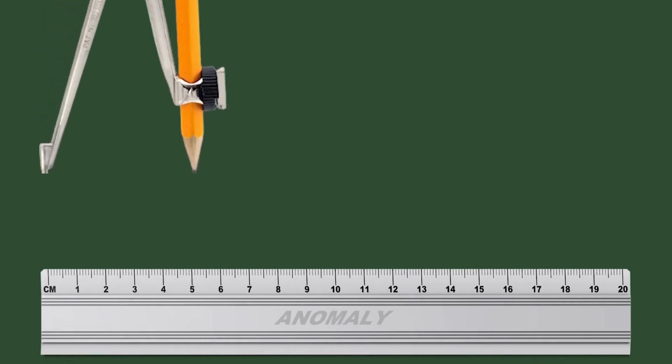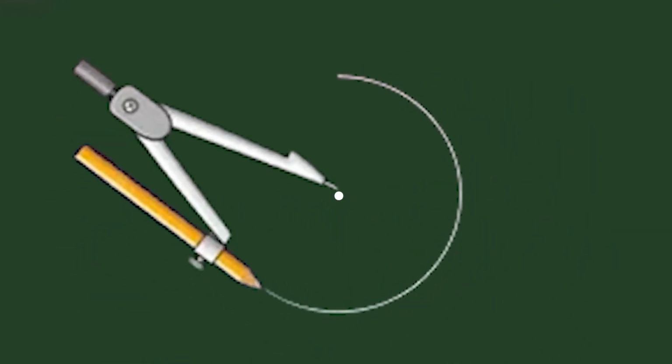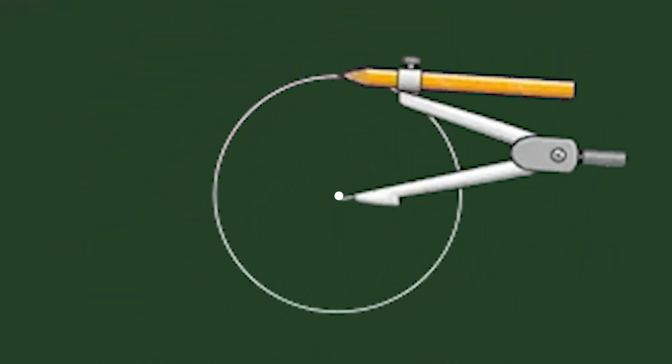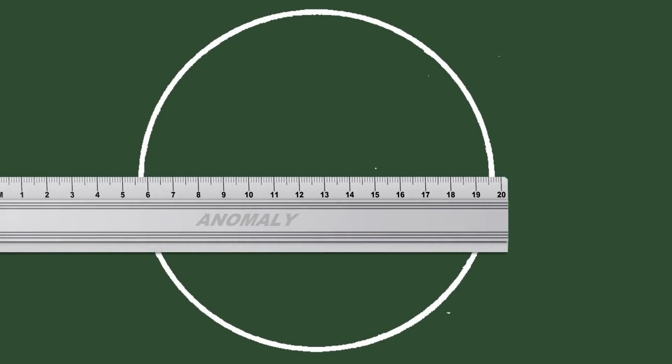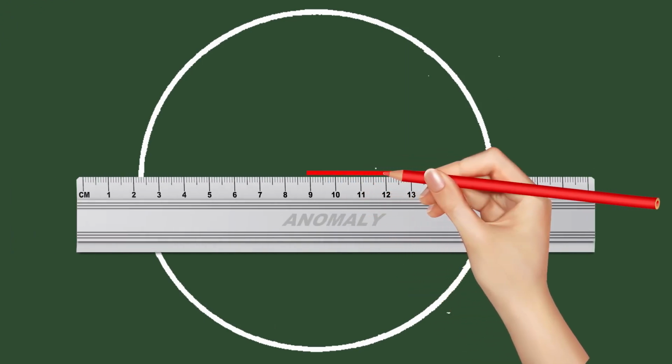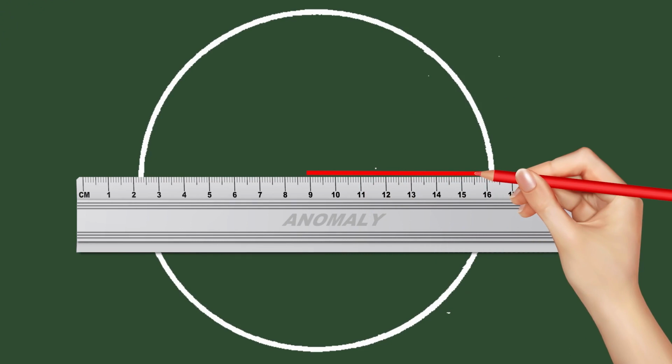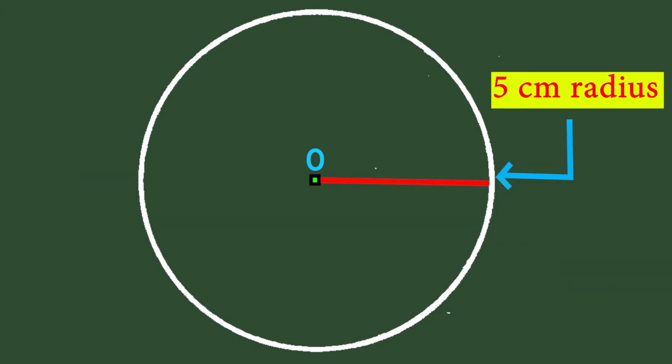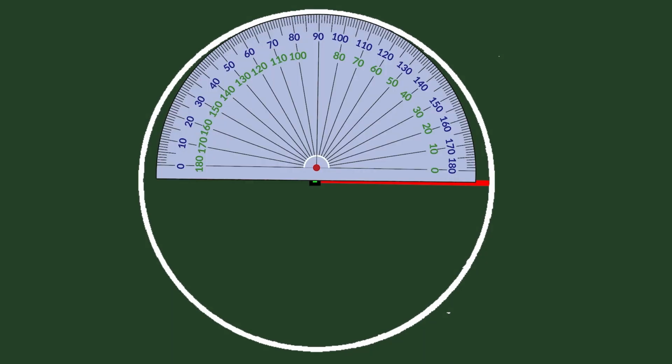Now students, let us draw a circle with radius 5 centimeter. Number 1. First, let us draw radius. Number 2. Let us keep center of protractor on O and origin line of radius.